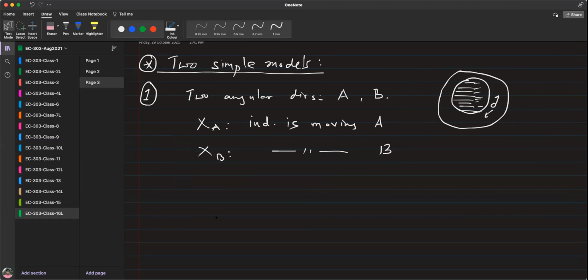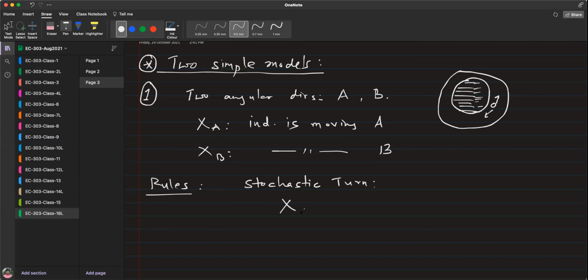If everybody is moving in A, that number will be 1. If everybody is moving in B, the number will be -1. Which means we just need to track how many are going in direction A and how many in direction B. As long as we know that, we are done. That's very easy. So let's make some simple rules. Let's call the first rule a stochastic term.